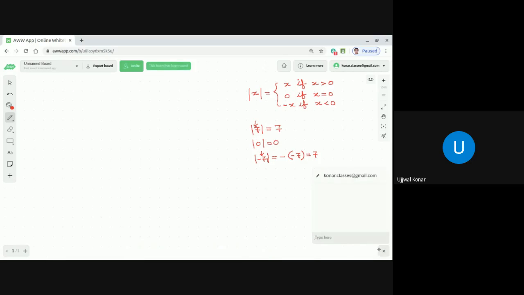So the point is that, without knowing this definition also, we know that mod of minus 7 is 7. But how mod of minus 7 is 7, I showed you. So this is the fundamental definition of modulus.